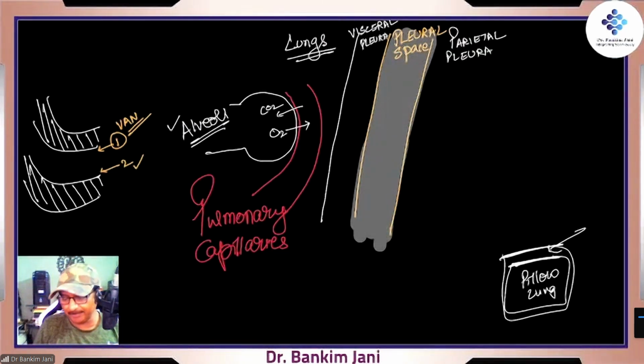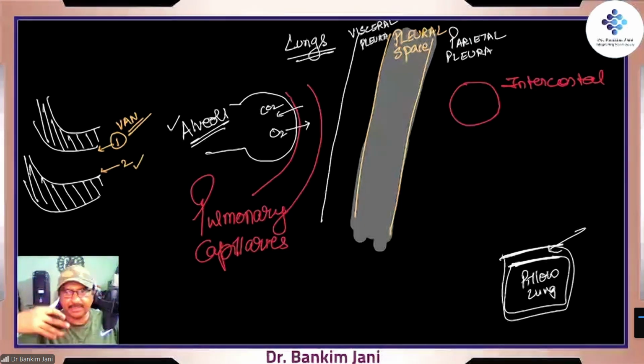Now let's call them intercostal. Here is that artery, this one. We are drawing it big for our understanding. They divide and are called intercostal microvessels, simply because of their small size.